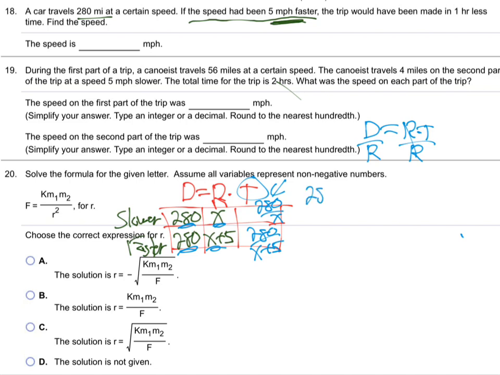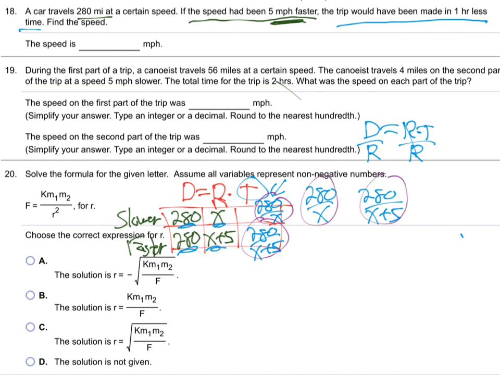All right, so take those out. 280 over x, 280 over x plus 5. Now, what does it say about those? The trip would have been made in 1 hour less time. If I said, hey, I made the trip in 1 hour less time, that means, remember, these are both time amounts.